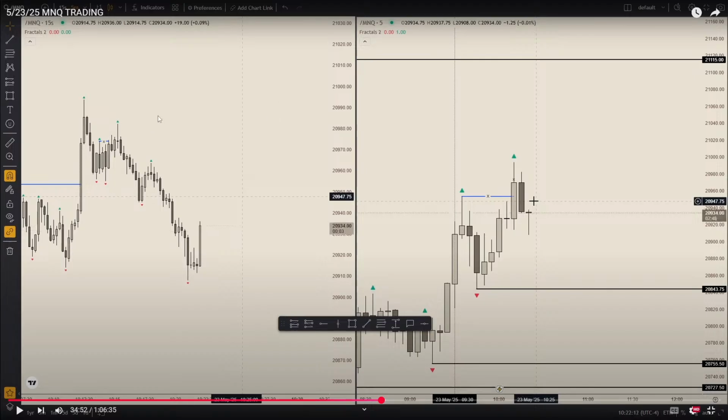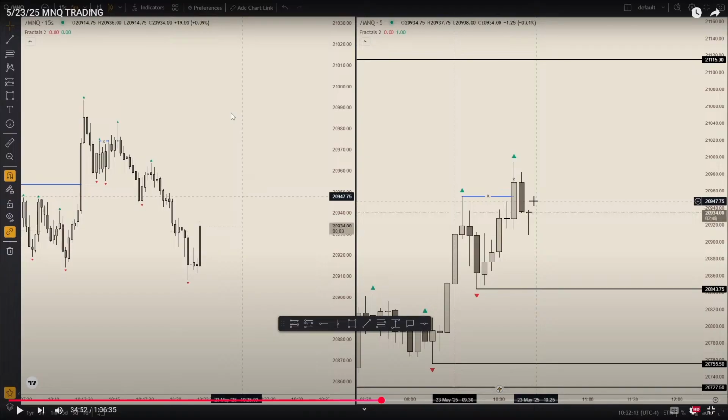Well, the only safe high, like a high that has taken liquidity, would be this high up here. So, for example, if I were to short this 15-second gap that we created here, the only place I could really put my stop would be here. This is the only safe high. If I were to short this gap here, same thing, stop would have to be here. And it's too much risk.